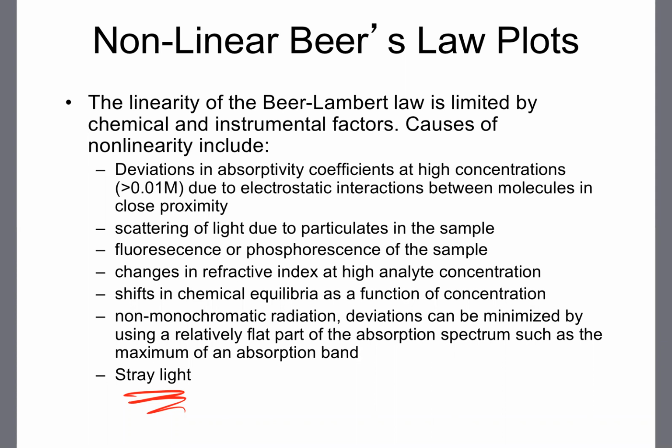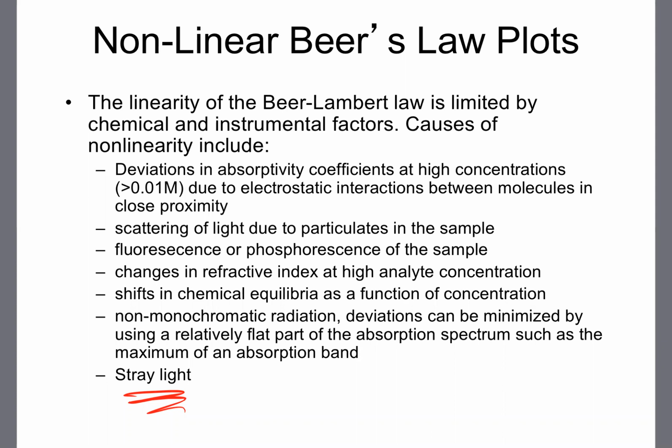But in some cases, a dark signal or stray light can be really important to your signal. Think about a case where your analyte concentration is really quite high. Now, because of that, absorption will be high because absorption and concentration are directly related. Well, what if absorption is 3, 4, 5? It's a very, very high absorption.